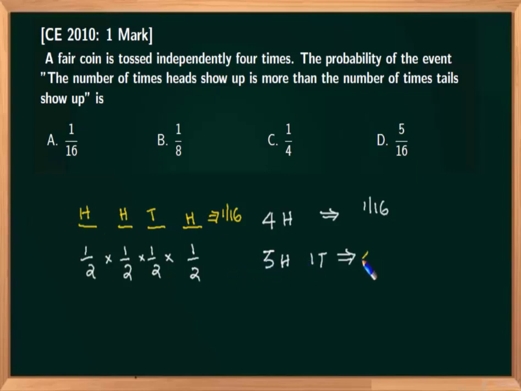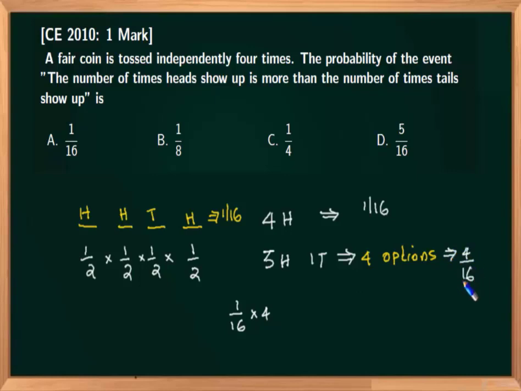All these options will have the same probability of 1 by 16, which means that I have to add 1 by 16 4 times. Rather, I am going to multiply 1 by 16 by 4, which means that the required probability will be 4 by 16.